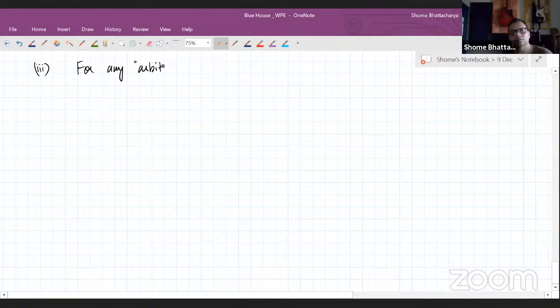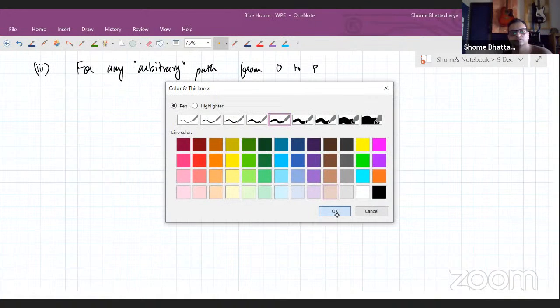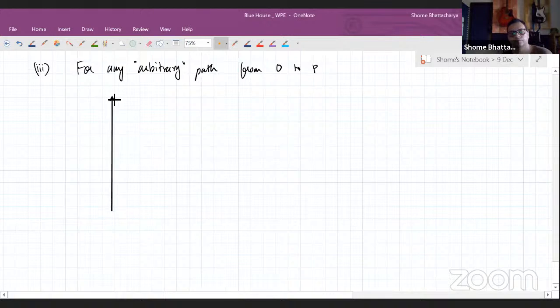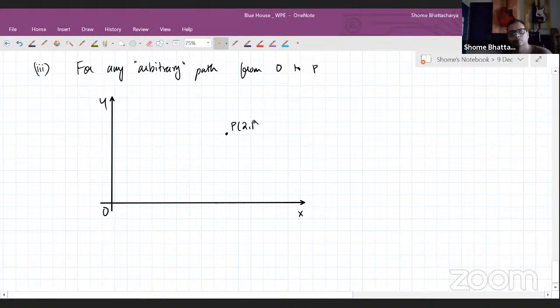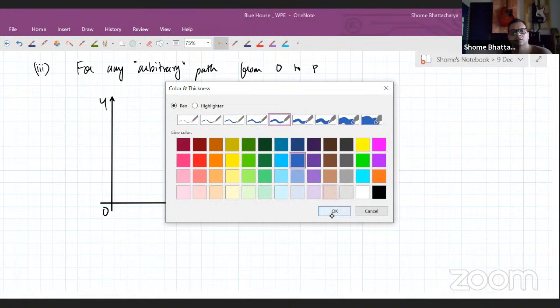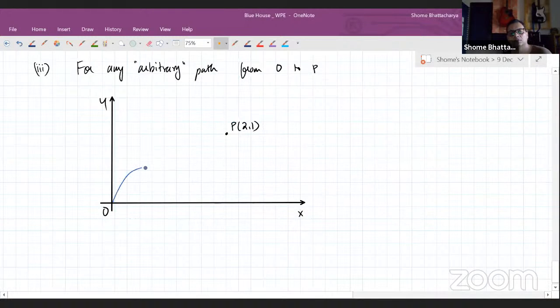Arbitrary is like randomly chosen, from O to P. So let's say the path we are taking is like this, some arbitrary path like this.